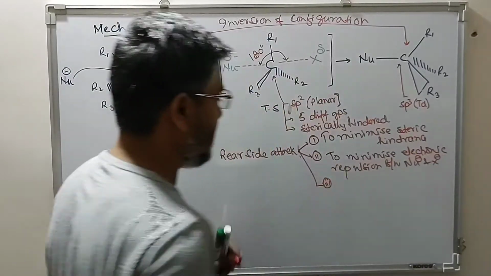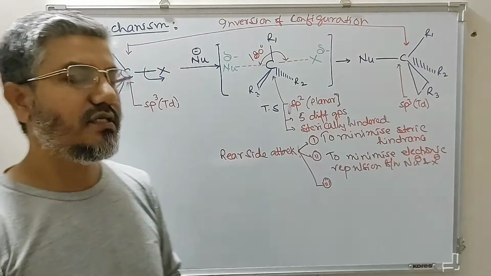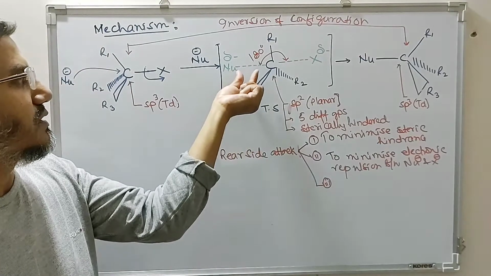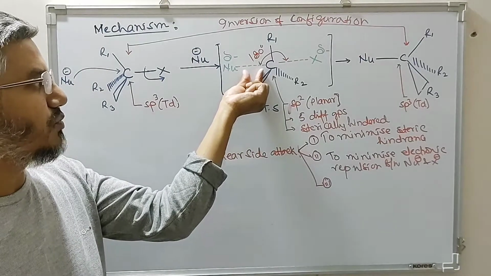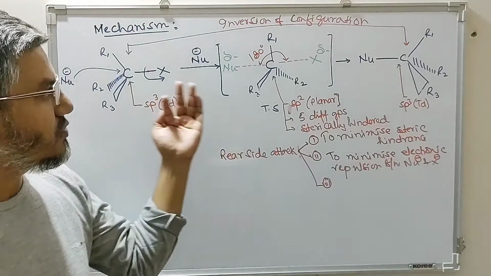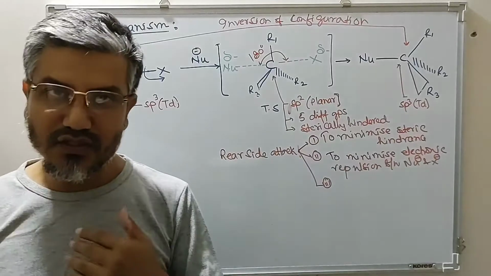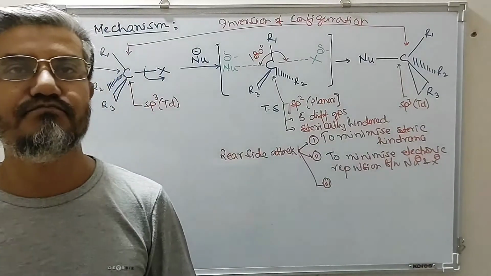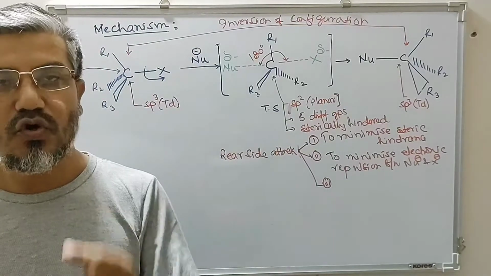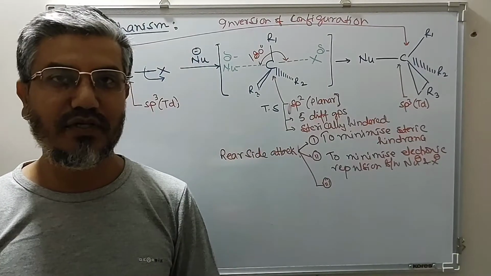Third reason why we should have rear side attack. Now look at this: in the transition state, there is simultaneous bond breaking and bond formation. For this nucleophile and this leaving group to be bonded to the same carbon atom, they must be on the same p orbital, on two different lobes of the p orbital.